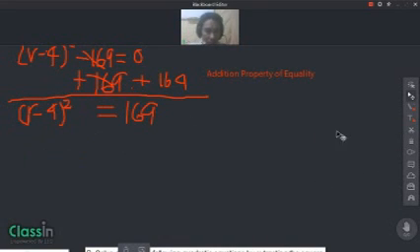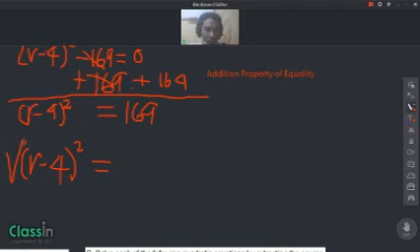So we will just rewrite our equation. Extract the square root here to cancel out the square. Since 169 is positive, greater than 0, it has two real roots.